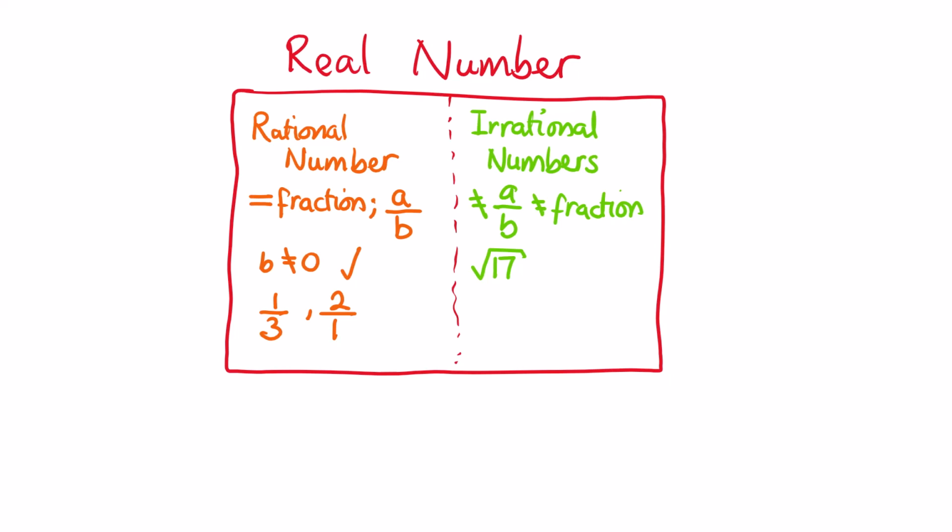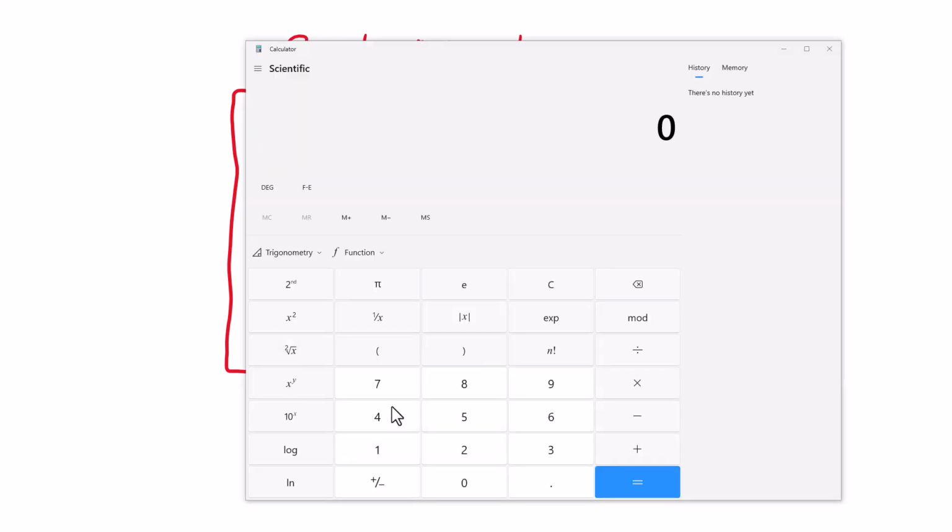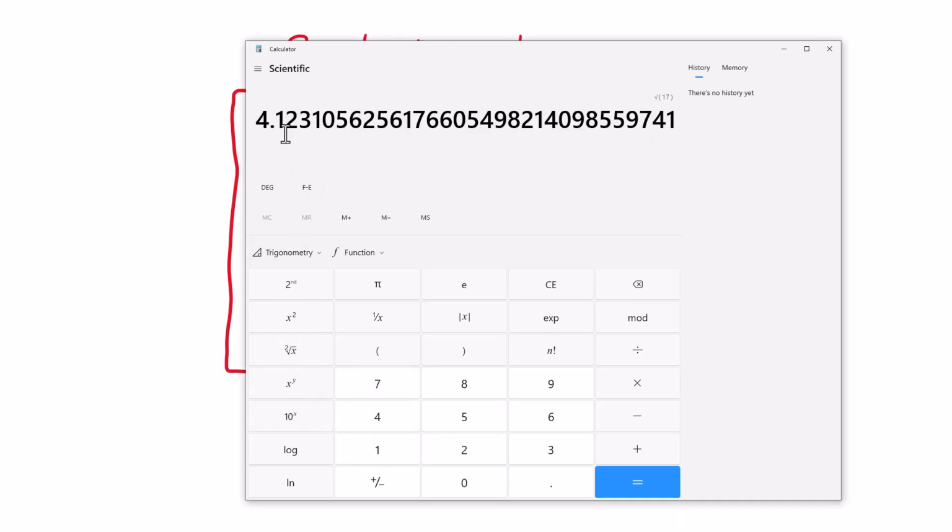This gives us a decimal. When you plug the square root of 17 into your calculator, you see that the number continues after the decimal point. So the decimals are continuous, which means these numbers continue.